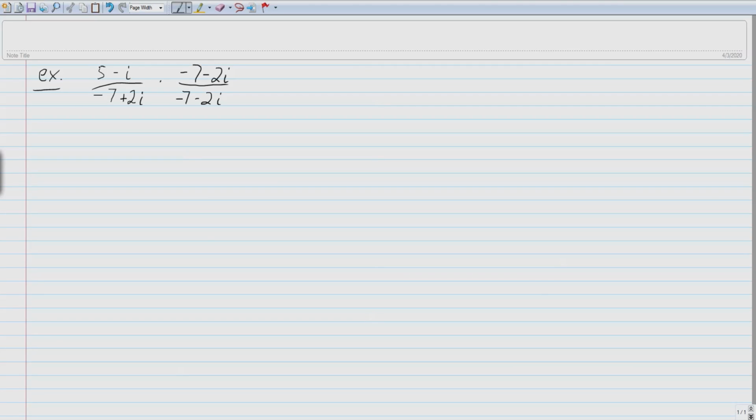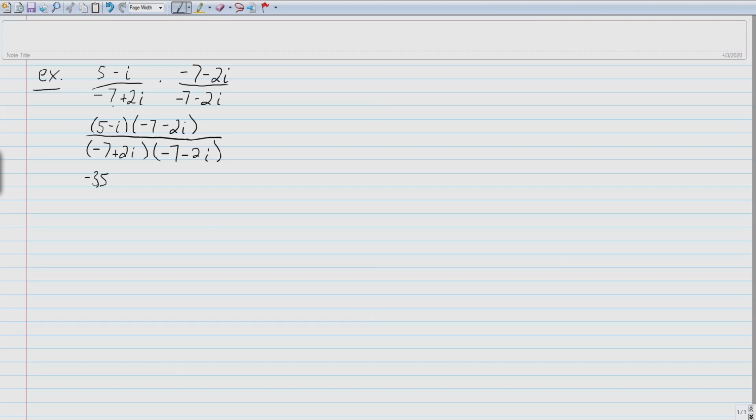So the numerator, you can think about using the FOIL method or distributive property. If you use the FOIL method, you'd multiply 5 times negative 7 to get negative 35.